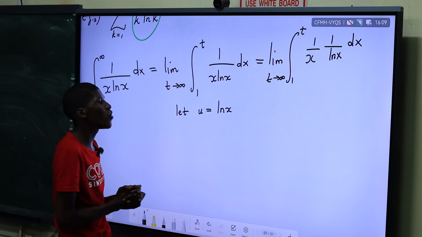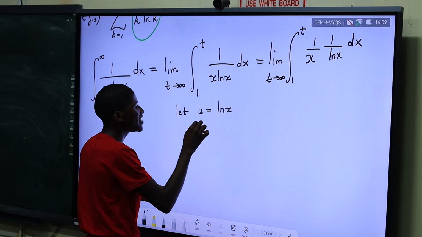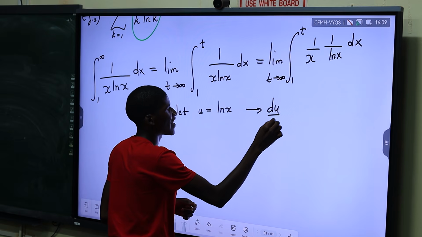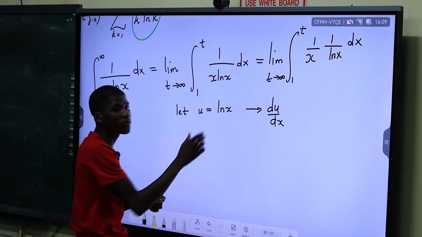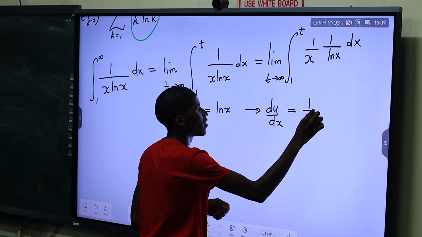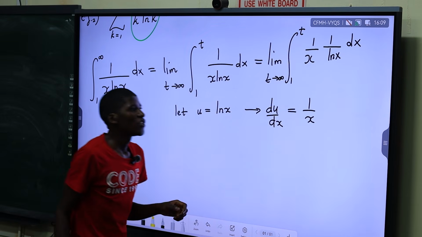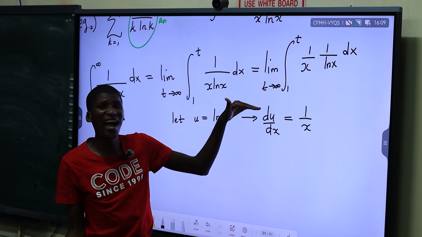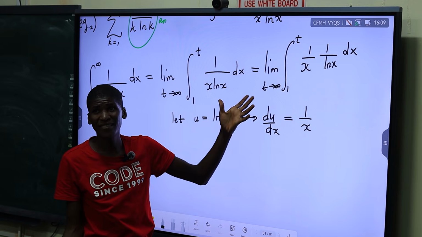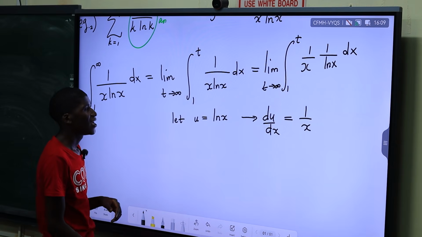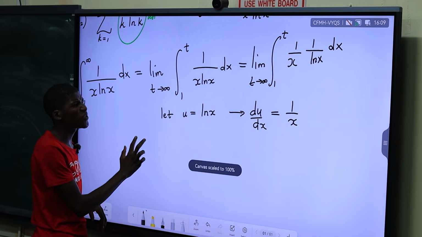So if you let u be ln x, then du/dx must be equal to 1 over x, because the derivative of ln x with respect to x is 1 over x. So where there is 1 over x, you put du/dx, or you can just cross multiply dx, it's the same thing. Now what else do we need to change?